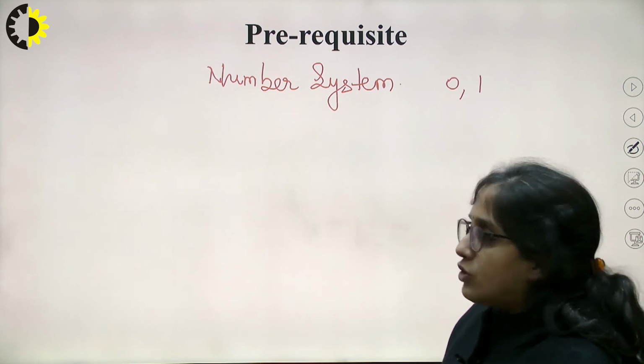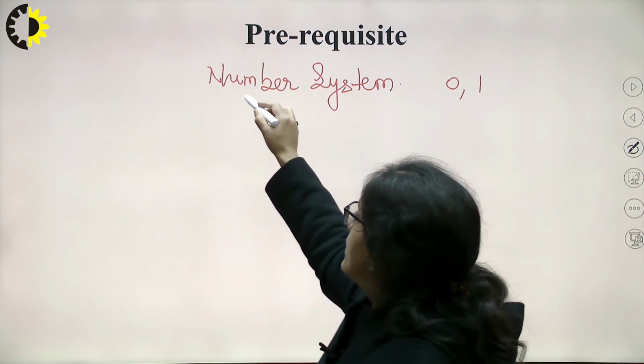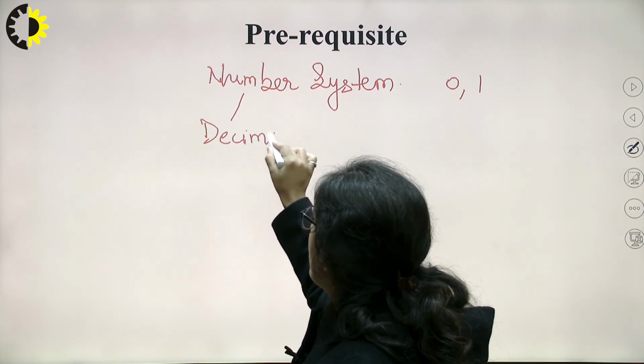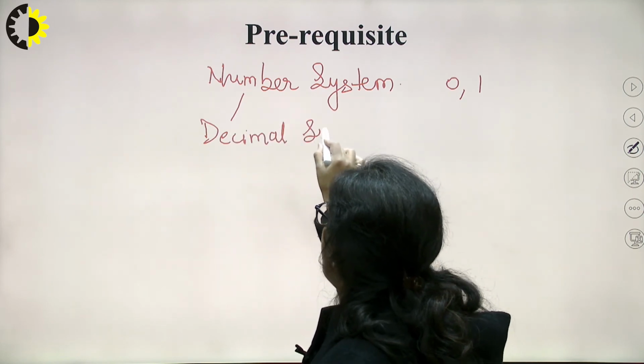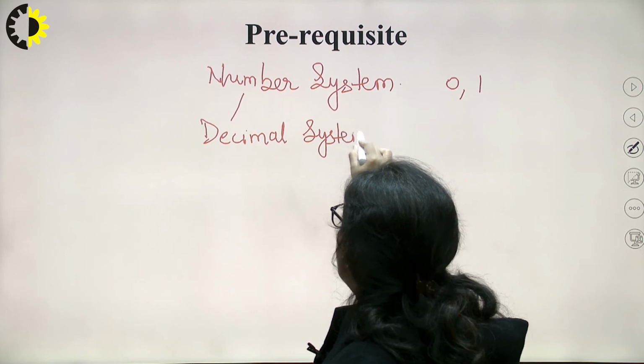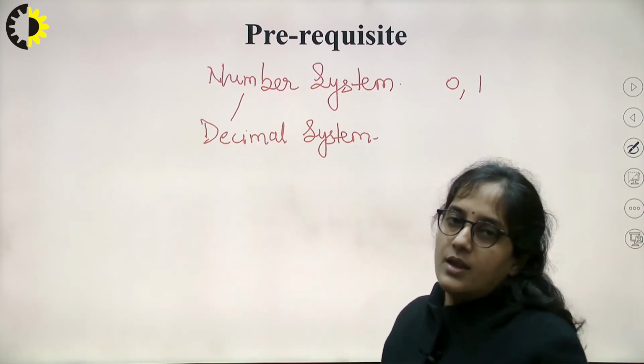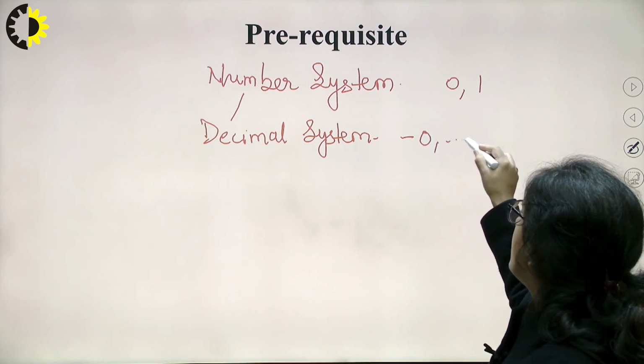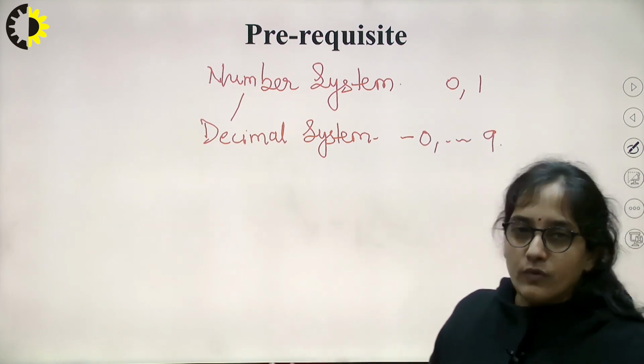But as human beings, we know the decimal number system. We always process data in this decimal number system. We remember counting from 0 1 2 3 up to 9, then 10 11 12 13.